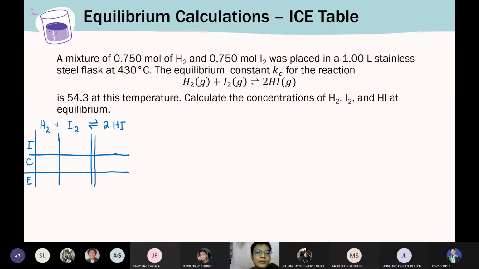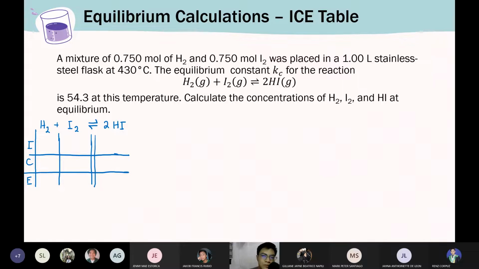Ano sabi? Initial concentration. So, what is my initial concentration? So, sabi dyan, 0.75 mole, 0.75 mole. Ipa-plug in ko ba agad yon? Not that fast, no? Kasi tingnan nyo, mole yung binigay eh. Pag mole binigay, hanapin mo yung concentration. Just divide it by the volume, okay?